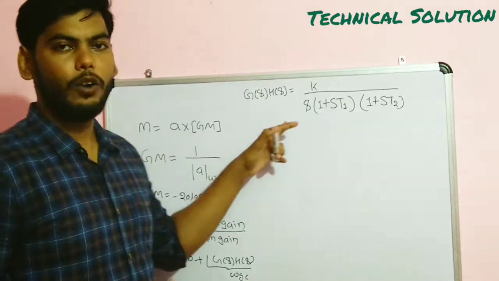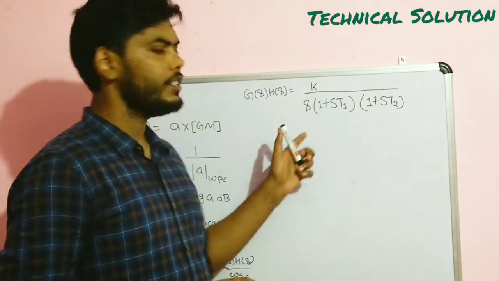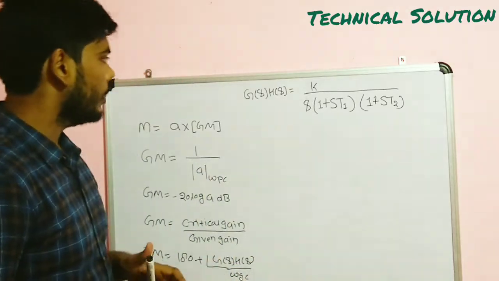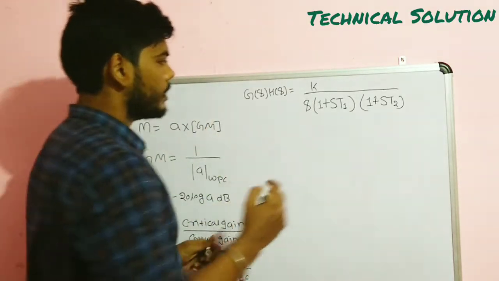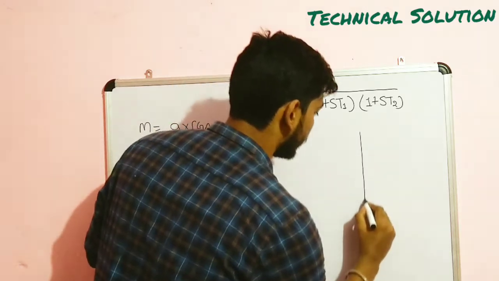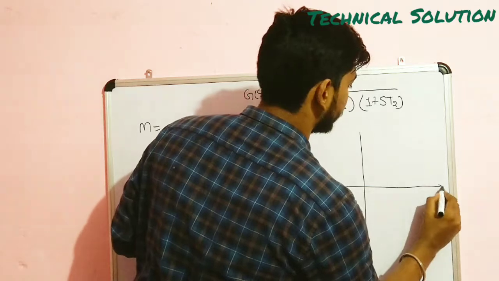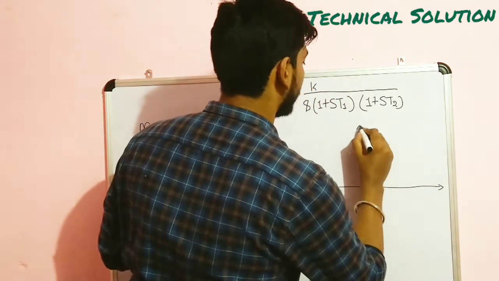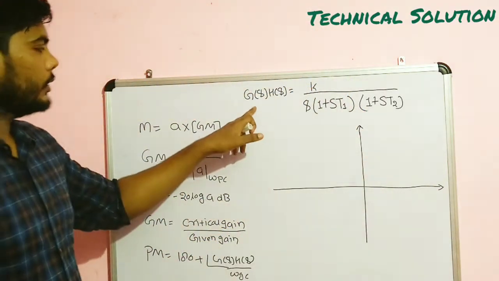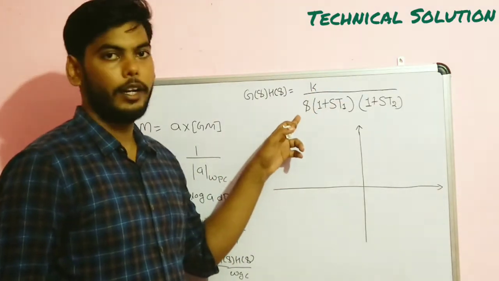We know how we can draw a polar plot of a minimum phase system. For a minimum phase system, we can easily draw a polar plot. The type of the system is 1.